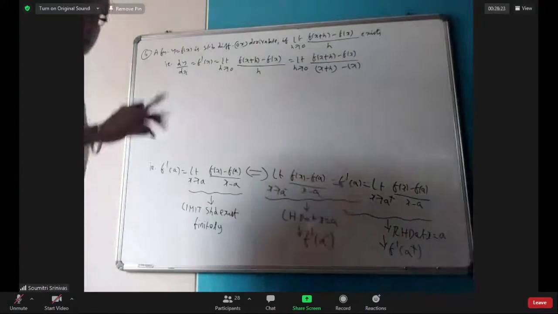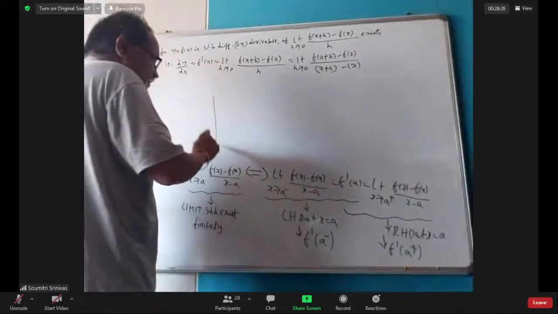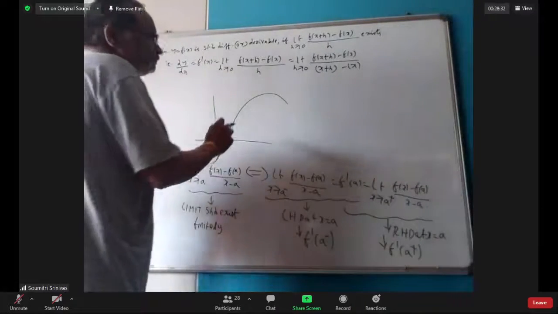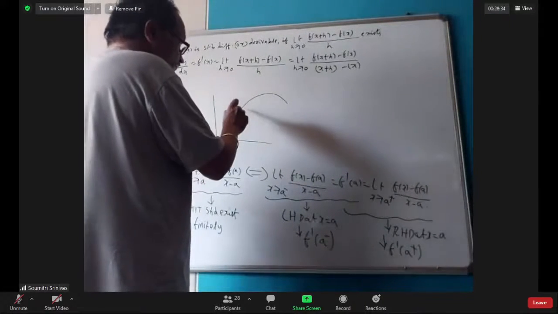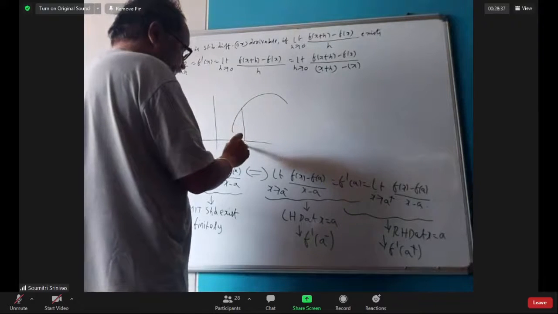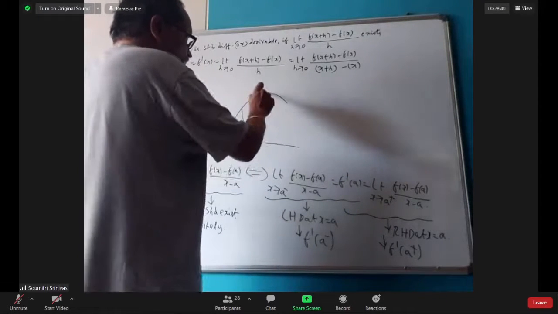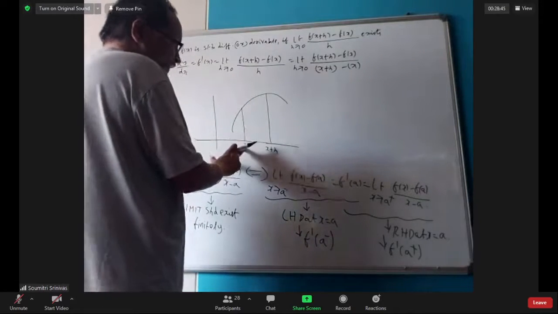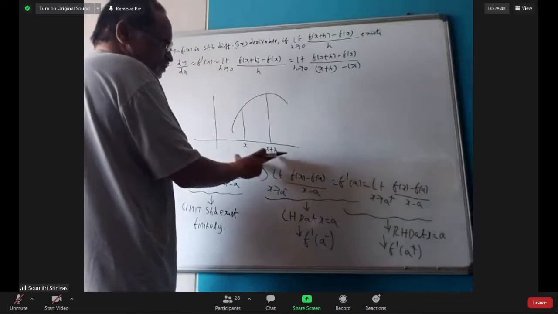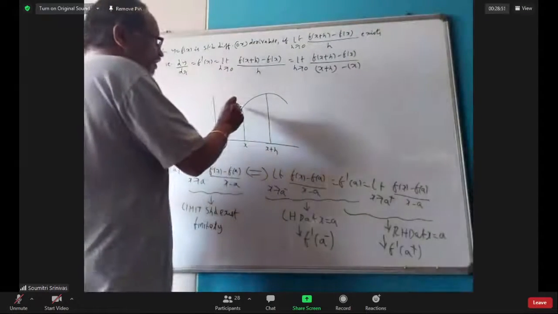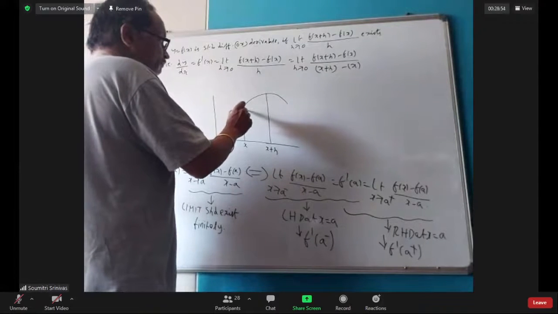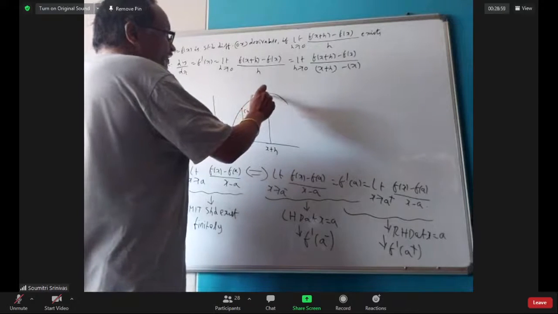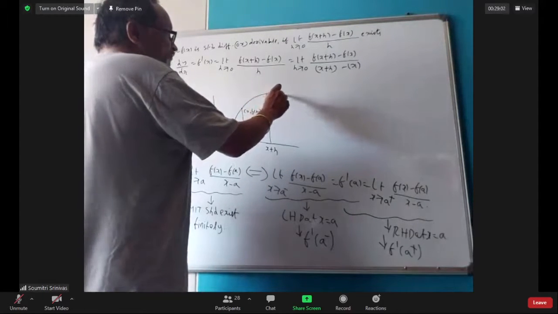Now pay attention. You can clearly see this. I have a function. I choose a point. x plus h will be on the right. When x is here, where will be x plus h? To the right. What's the corresponding point here? x comma f of x, and corresponding point here x plus h comma f of x plus h.